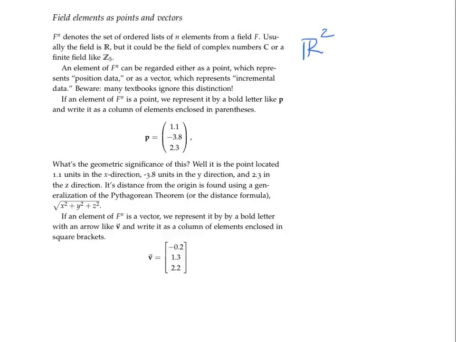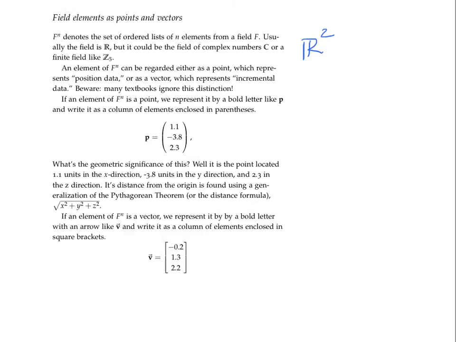So when we look at this point (1.1, -3.8, 2.3), what's the geometric significance of this? Well, it is the location specified by 1.1 units in the x direction, -3.8 units in the y direction, 2.3 units in the z direction. Its distance from the origin is the square root of the sum of the squares of the components.